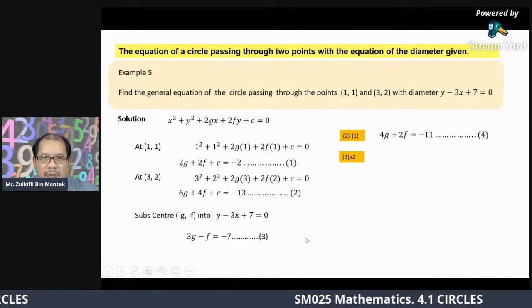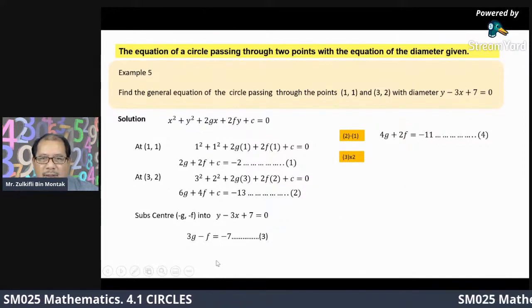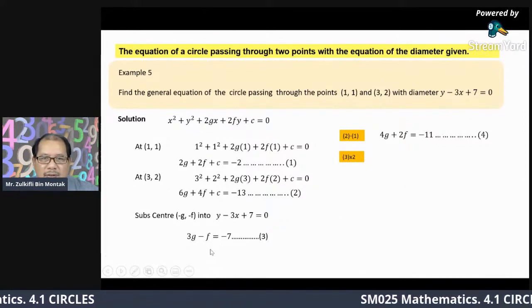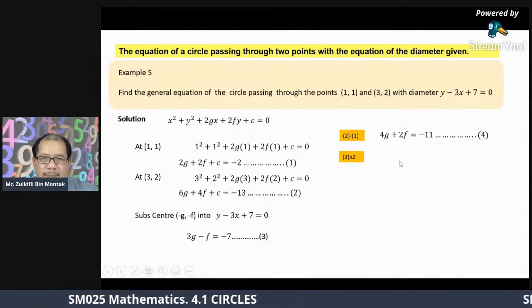Okay, now to eliminate F, I multiply equation number 3 by 2 so that the coefficient of F is the same.